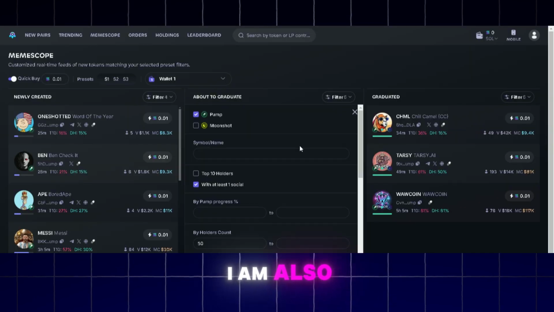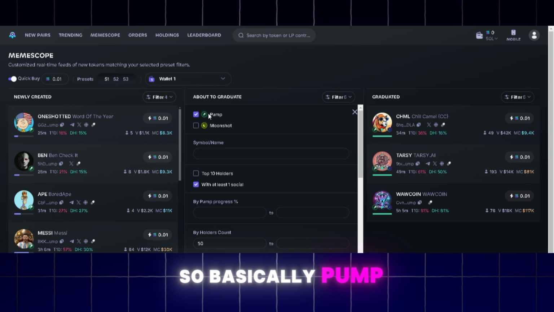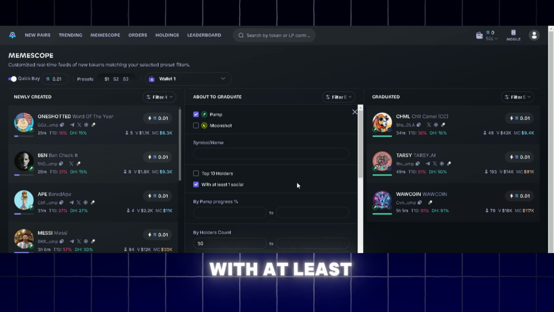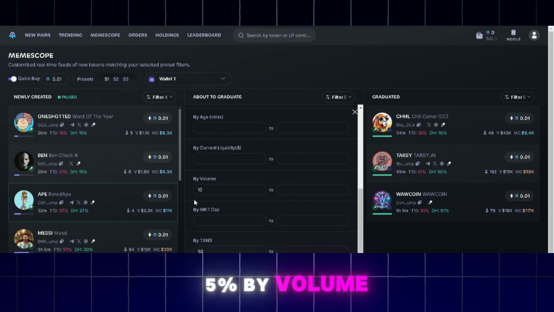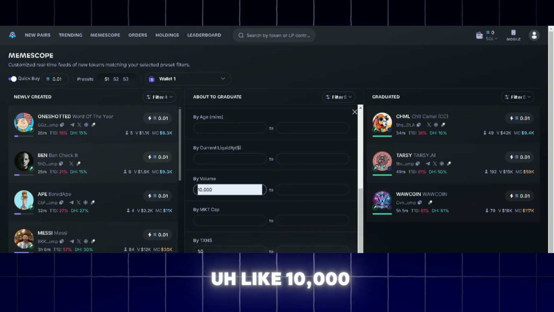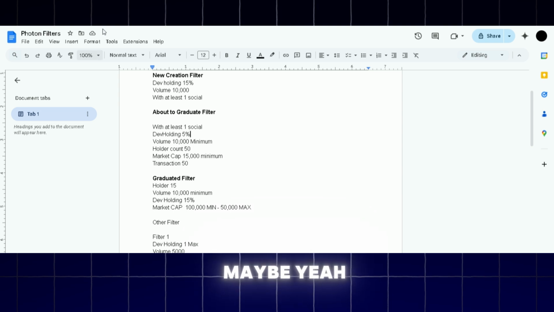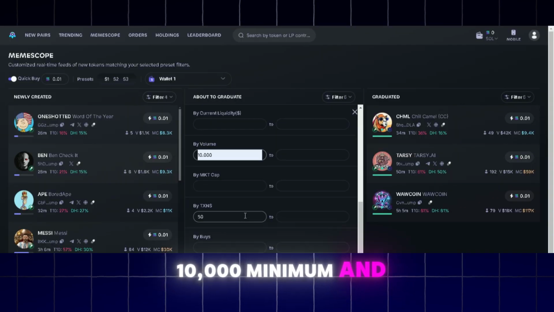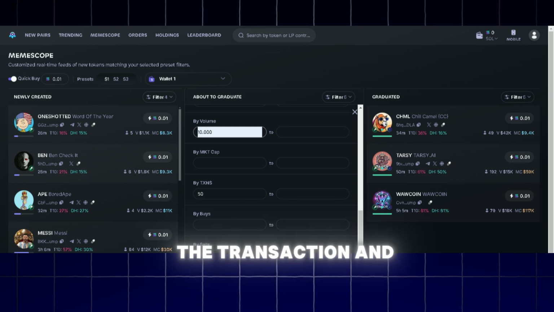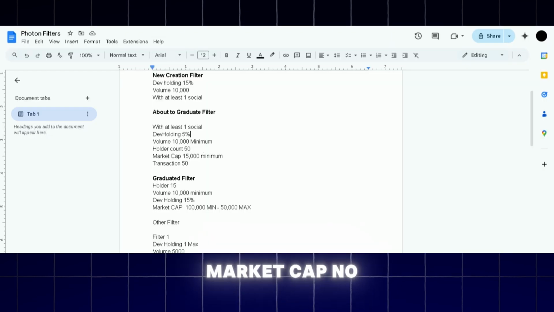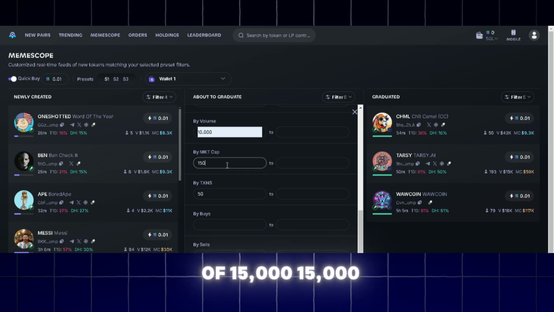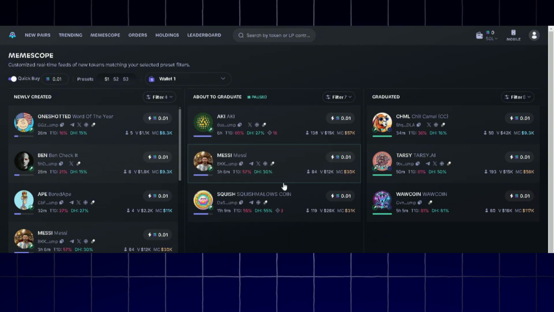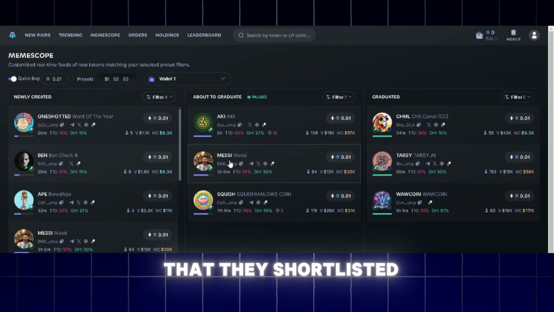I have also used this: pump.fun, with at least one social, dev holding 5%, volume 10,000 minimum, and the transactions, and I think a market cap of 15,000. So let's apply the filter. See, these are the coins that it shortlisted.